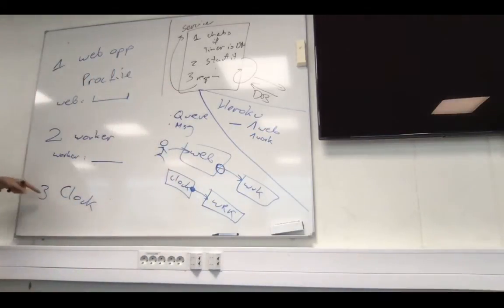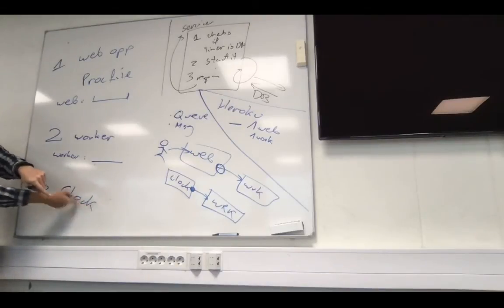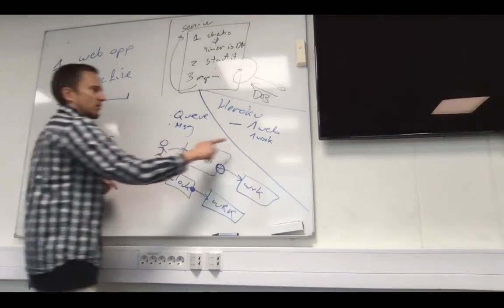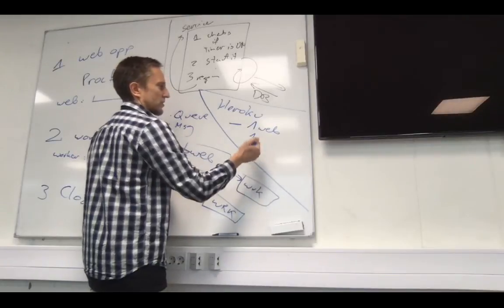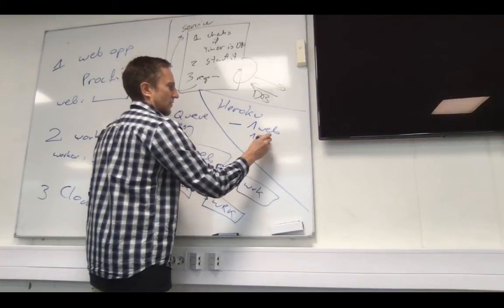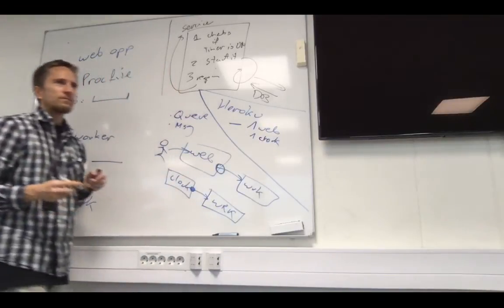So if you were to have a clock which triggers a worker and your web app, it would come up with 3, because you would have a process for the clock, a process for the worker, and a process for the web. So we have to embed the worker functionality in the clock, right? So we will have a model which says one web and one clock, right?